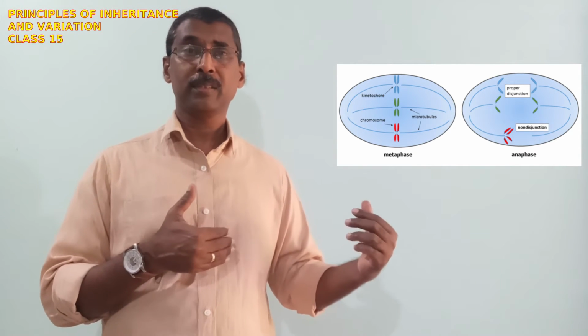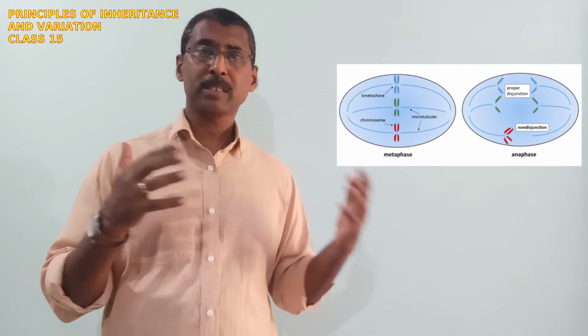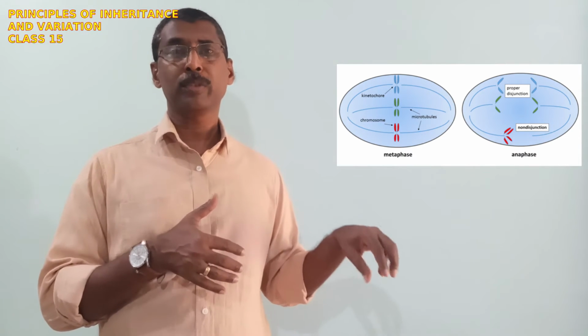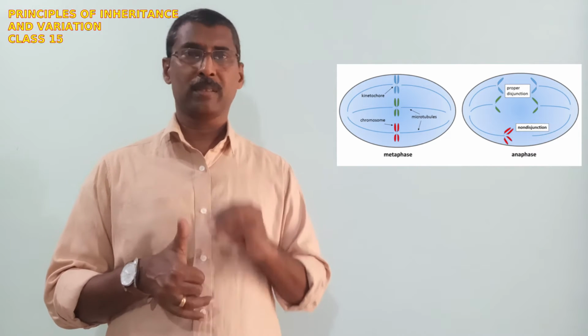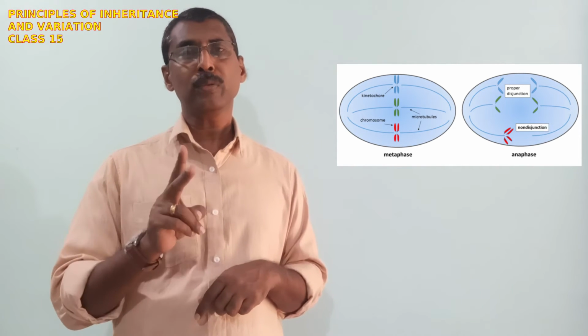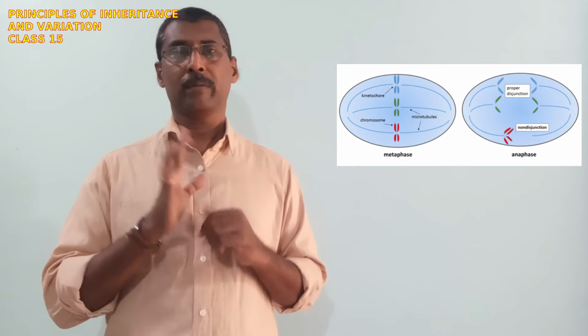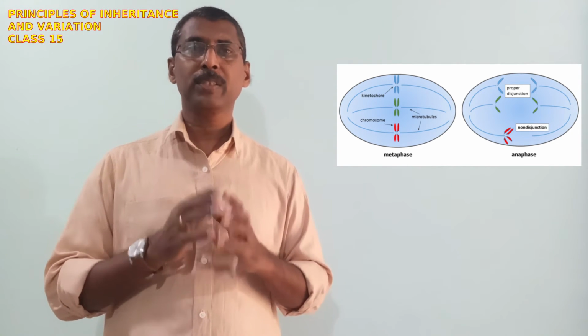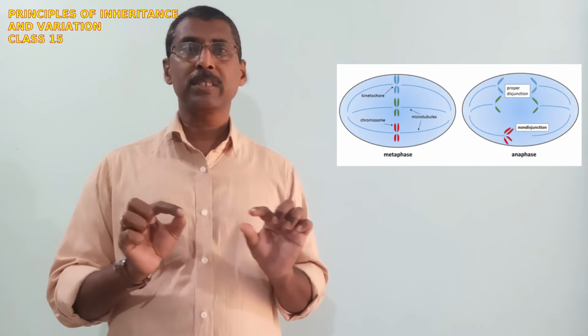The daughter cell formed as a result of this cell division would have no chromosomes for that particular set, whereas the other daughter cell would get 2 chromosomes instead of 1. And this condition is called non-disjunction.